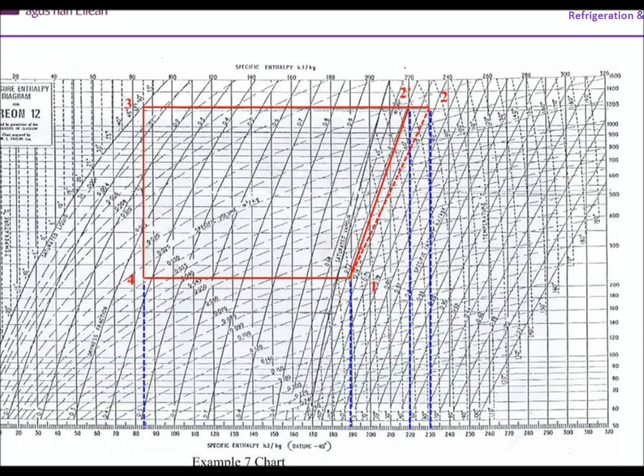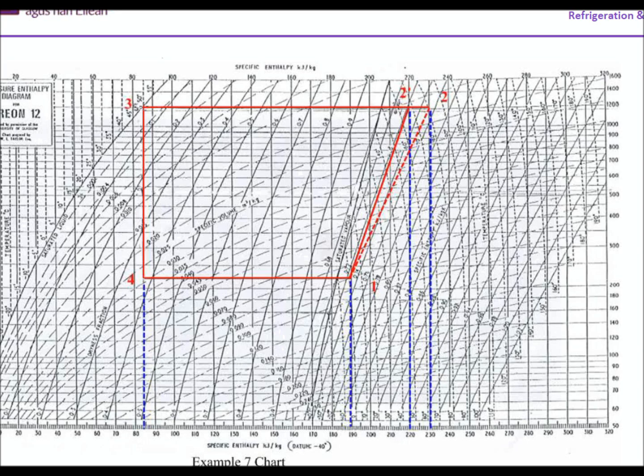We can also plot the ideal enthalpy at exit from the compression process by simply following a line of constant entropy, and that enables us to locate point 2 dash along our condenser temperature line.